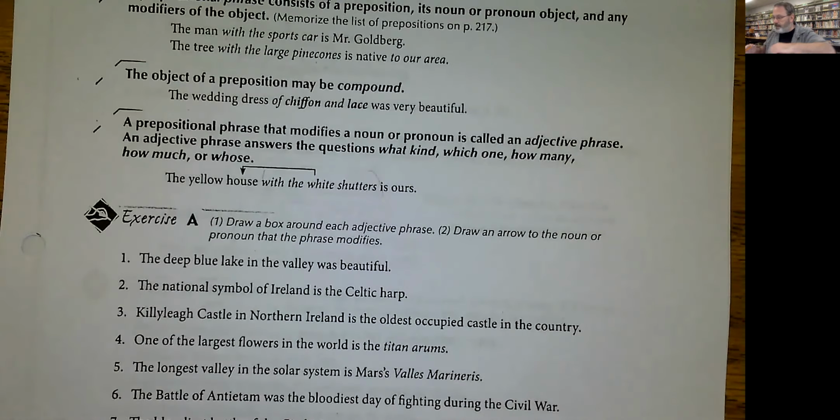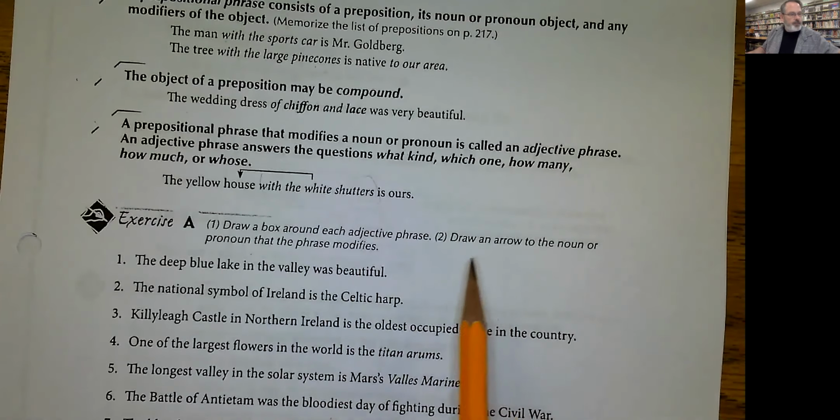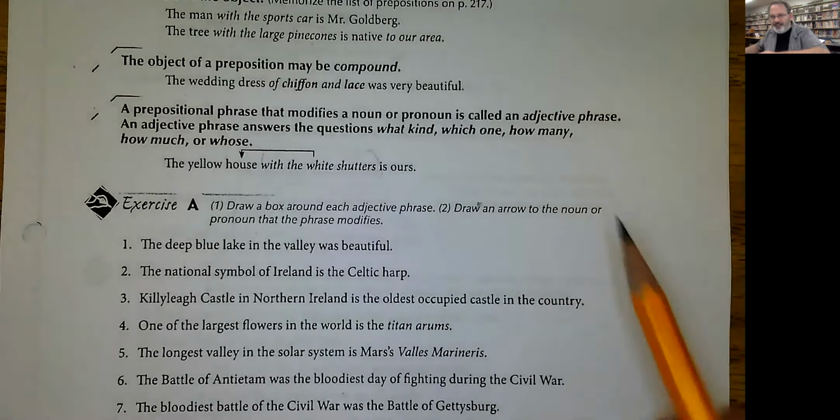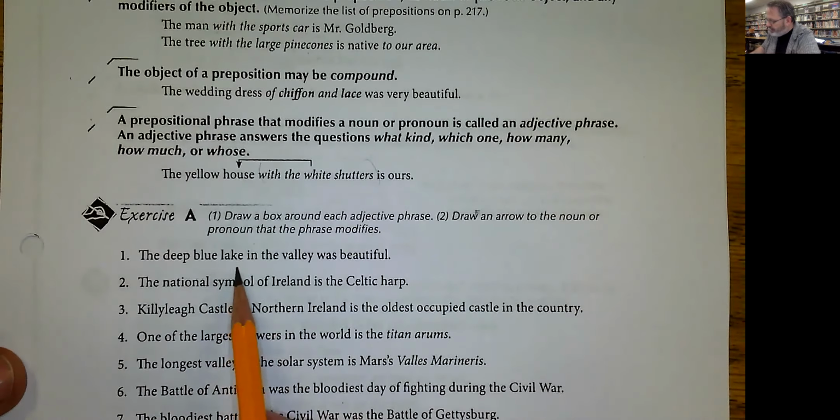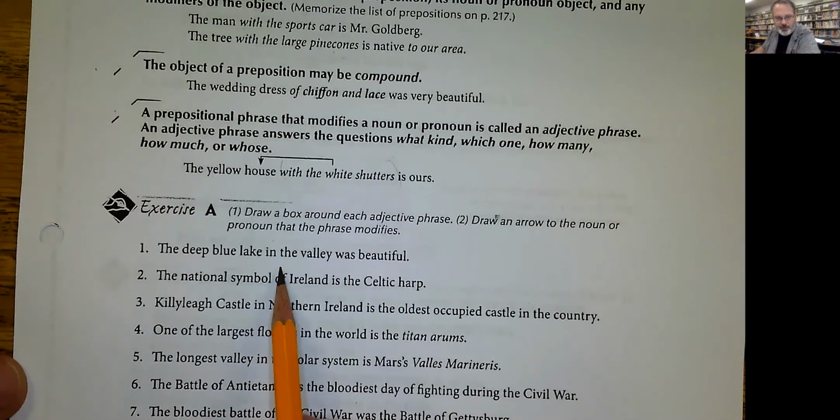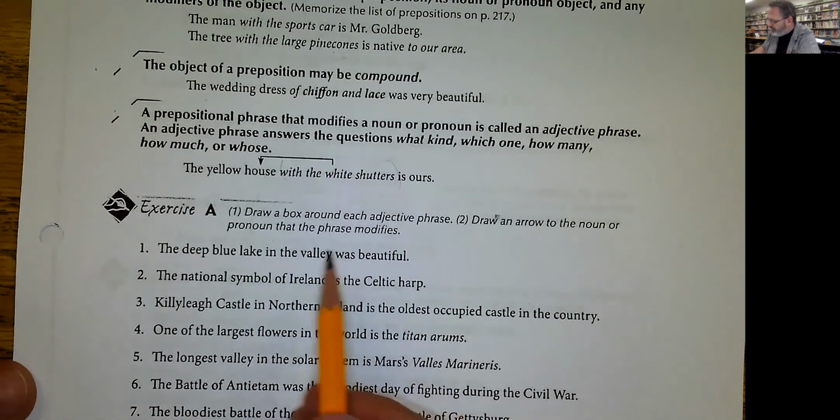Let's do the first one together. Draw a box around each adjective phrase and draw an arrow to the noun or pronoun that the phrase modifies. The deep blue lake in the valley was beautiful. We're supposed to draw a box around the adjective phrase.